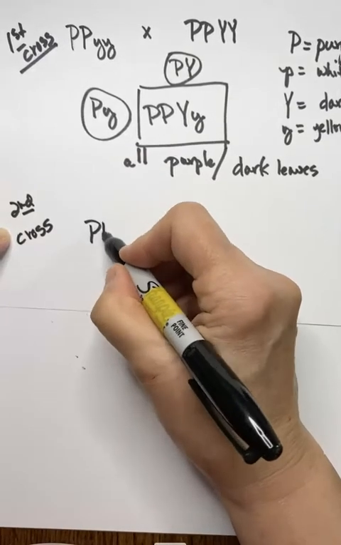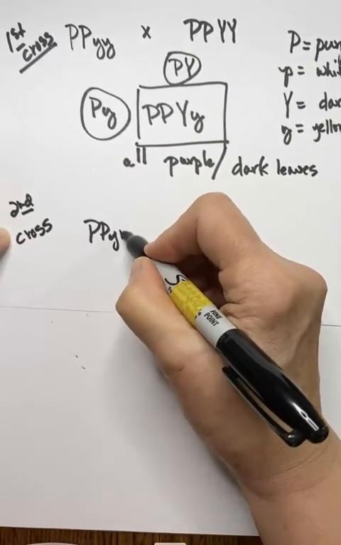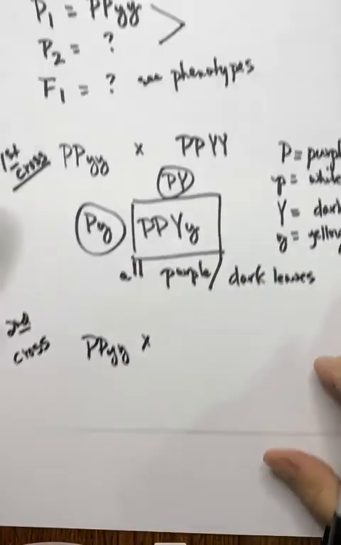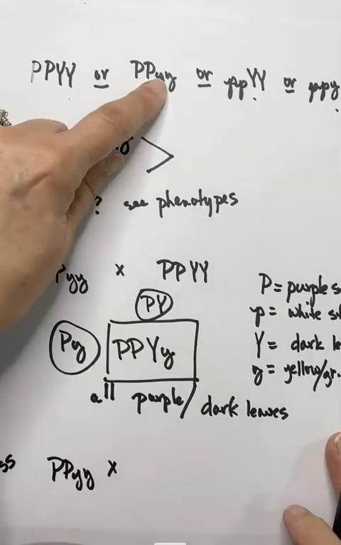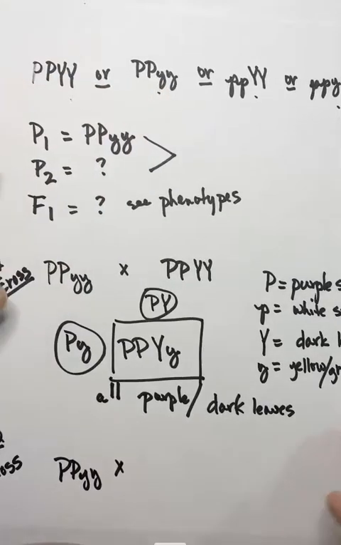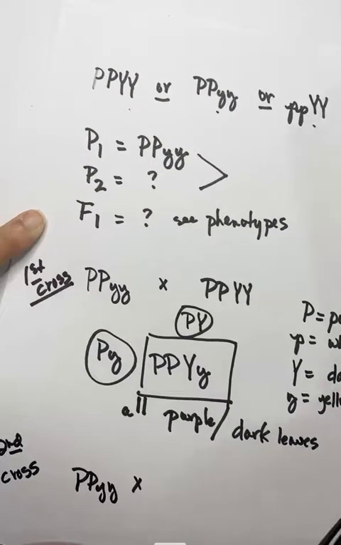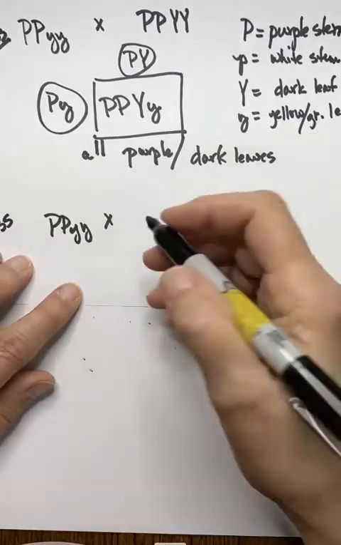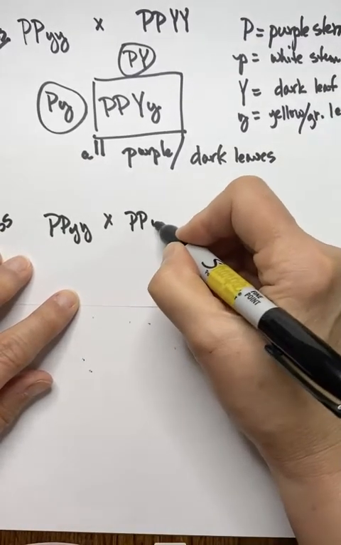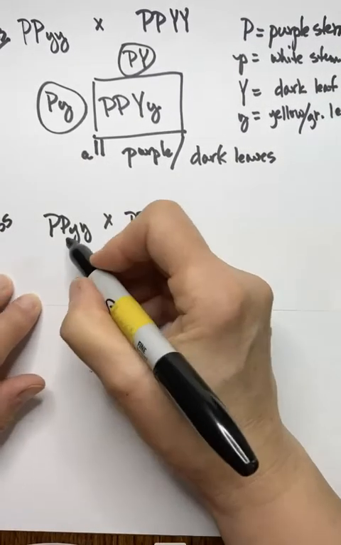So we got capital P, little y, crossed with what? What's our second one up here? Capital P, little y. Same as we had down here. So what are we going to get?